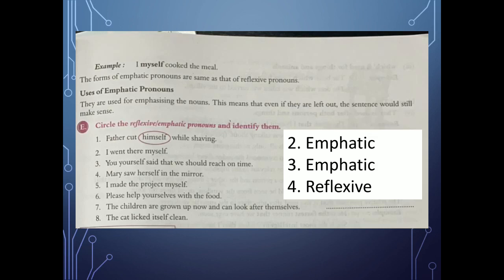Here the word myself is emphasizing the action of the subject I, so it is an emphatic pronoun. Next, you yourself said that we should reach on time. Here also the word yourself is emphasizing what the subject has said. So here also the word yourself is an emphatic pronoun.